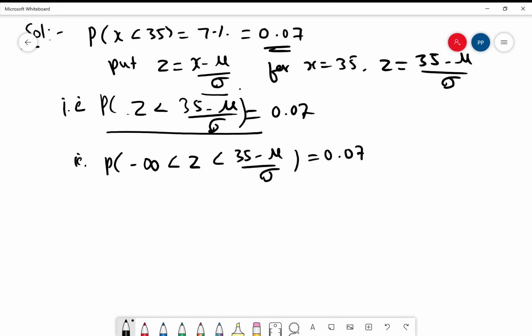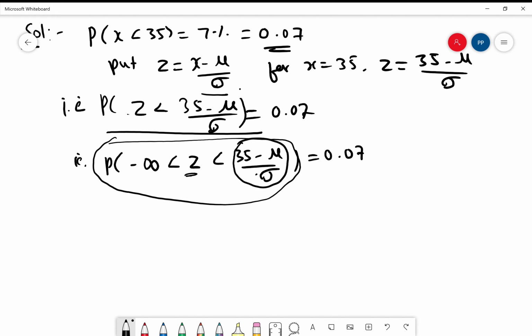So far we used the proper result to find the probability in terms of the standard normal variable Z. In the earlier problems, we came to know whether these constants were positive or negative. But here we are not knowing whether this is positive or negative. Okay. Now how to find out that? Look at the right hand side. The right hand side, 0.07, is less than 0.5.